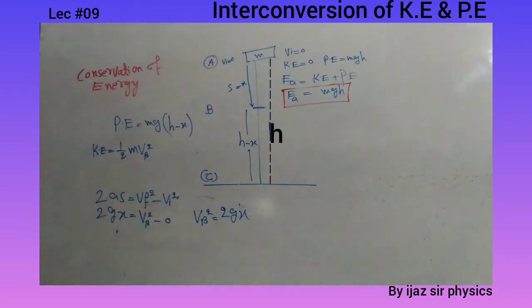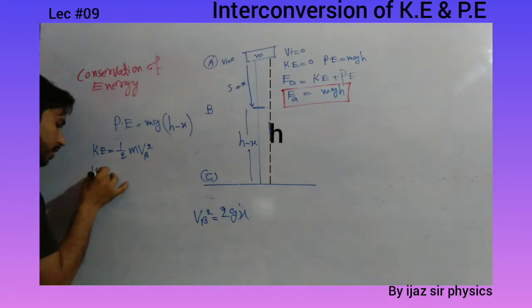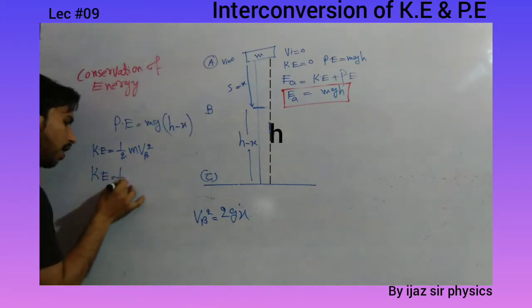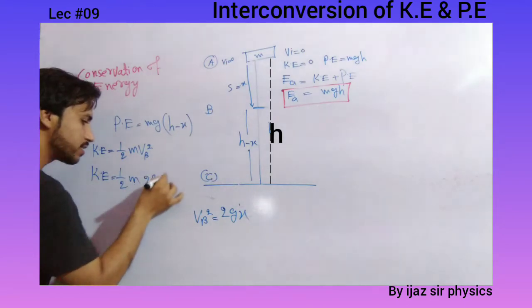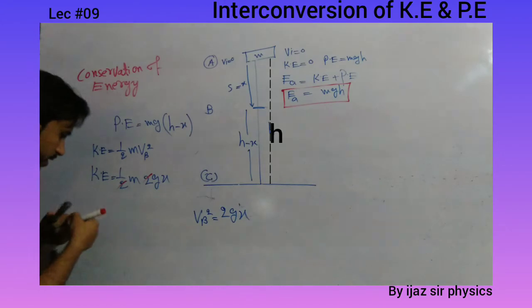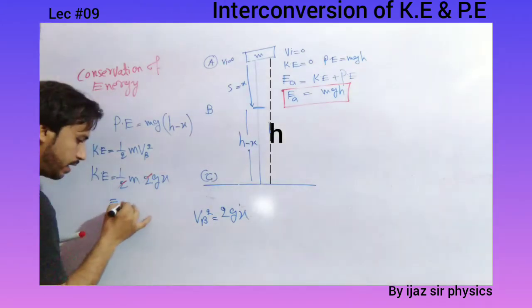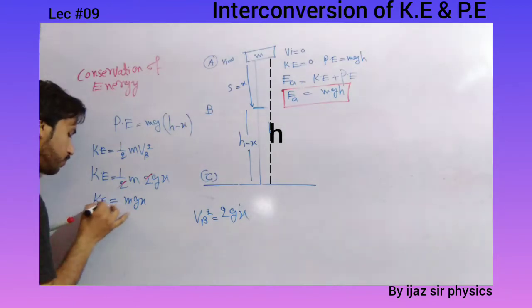See it clearly. I will put this in the kinetic energy equation. Kinetic energy is equal to half m v square, which is half m times 2gx. The 2 cancels out, and finally we get kinetic energy equal to mgx. This is the kinetic energy at position B.